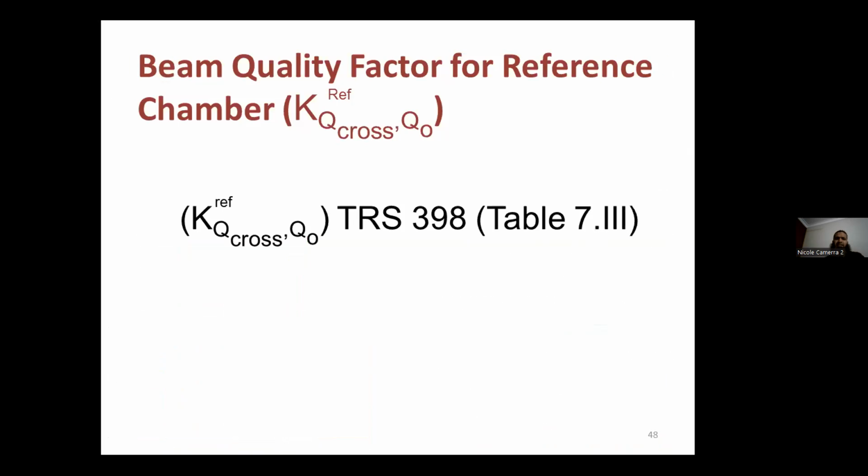Okay, the beam quality factor for the reference chamber. The beam quality factor is actually given in TRS398 if your chamber is cross calibrated with the Farmer chamber, meaning the plane parallel chamber which you are using for reference dosimetry is calibrated with the Farmer chamber. So there is a table in TRS398. You can use this table and then you can get your KQ cross Q naught.